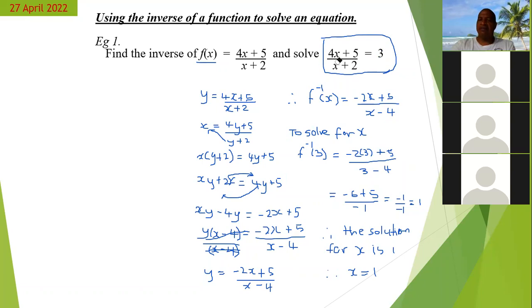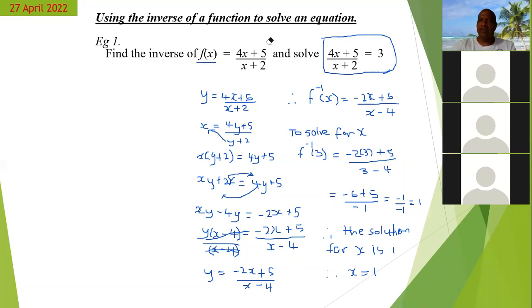Now, if you're solving this function equal to a y value, all we need to do is find the inverse of that function, which we did, and then you use this y value as the x value for the inverse function.